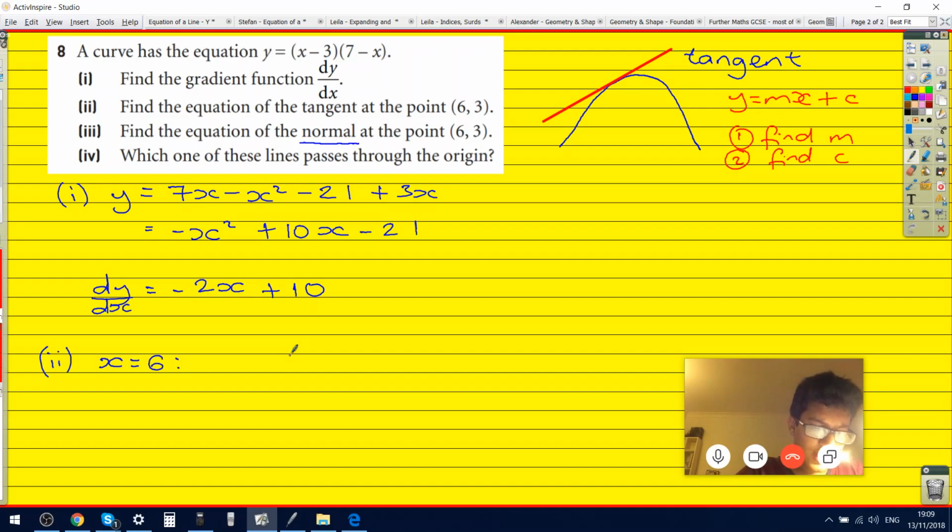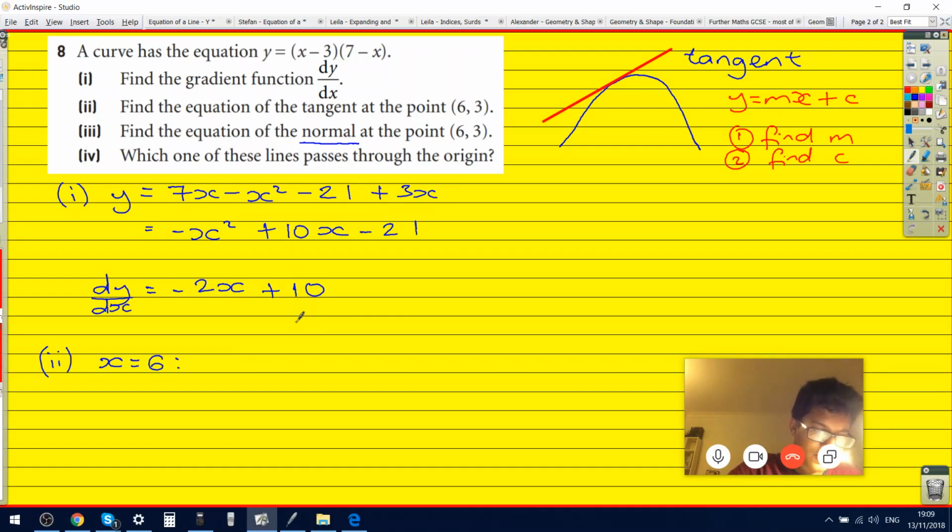Correct. So would you just get -2 for the m value? How did you get -2 for m? Because it's -2x. Right.